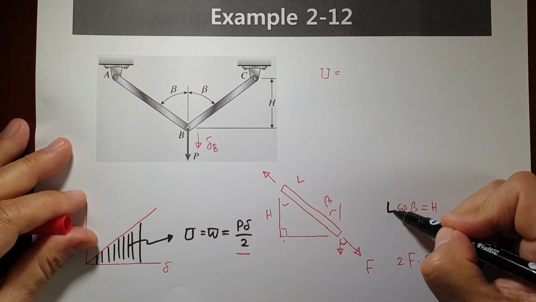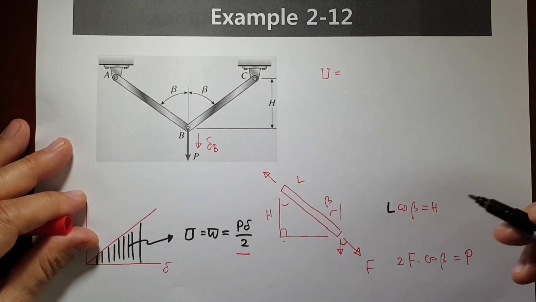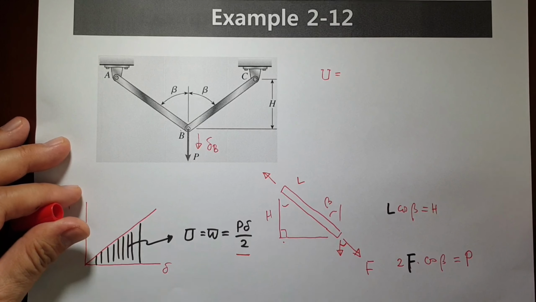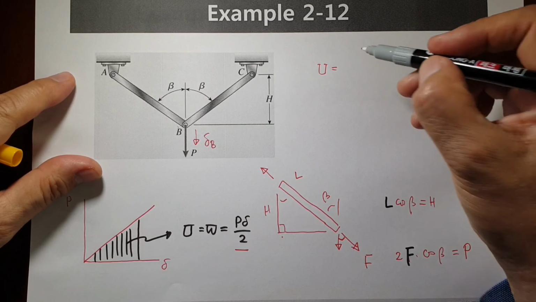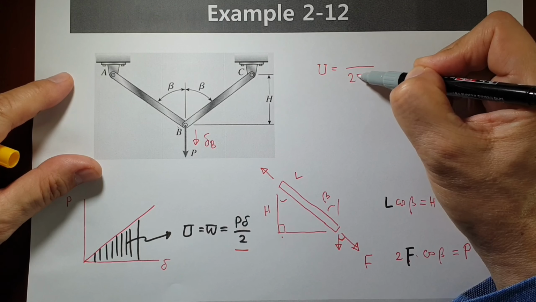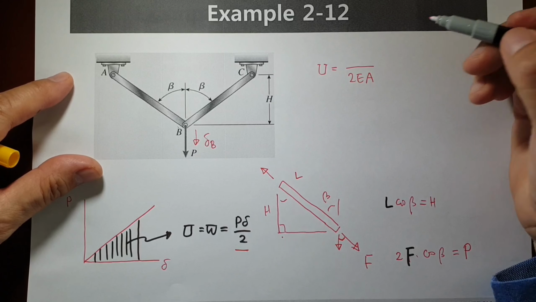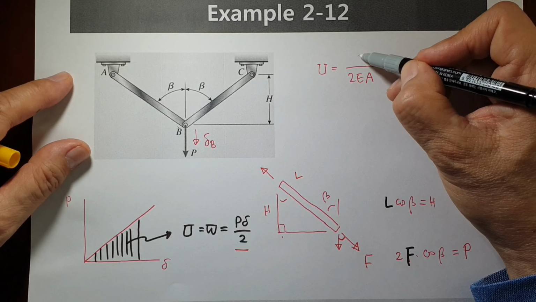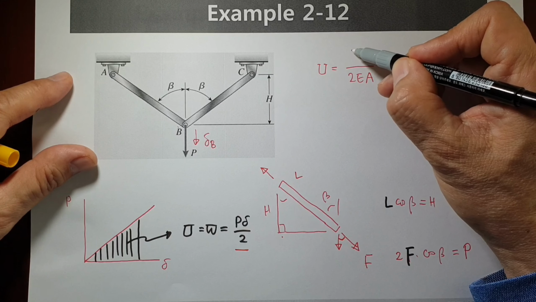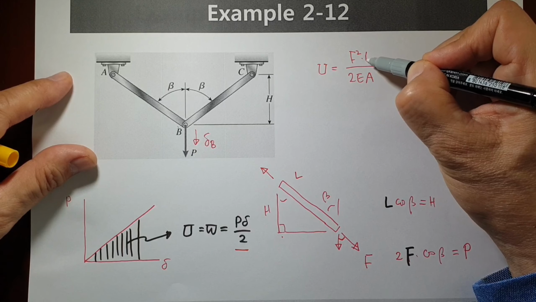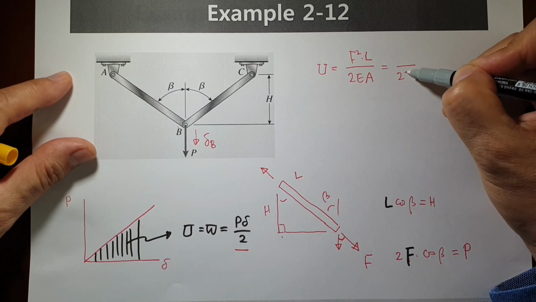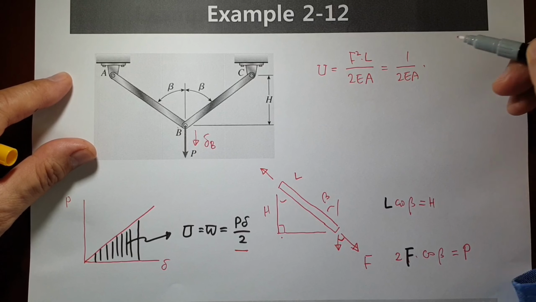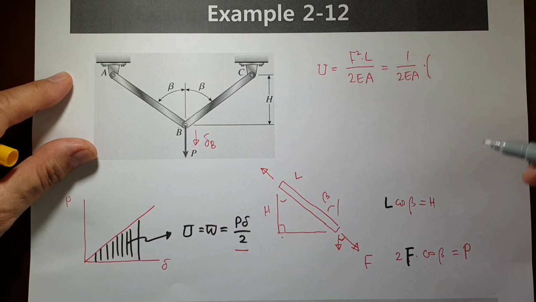here, and this direction F. Then finally we can calculate this one. Let's say 2EA, cross section is A, and F squared L over 2EA, and F is what?